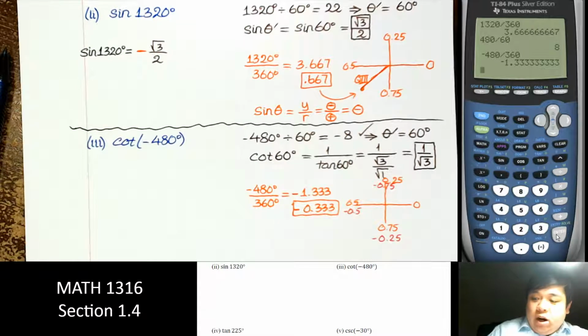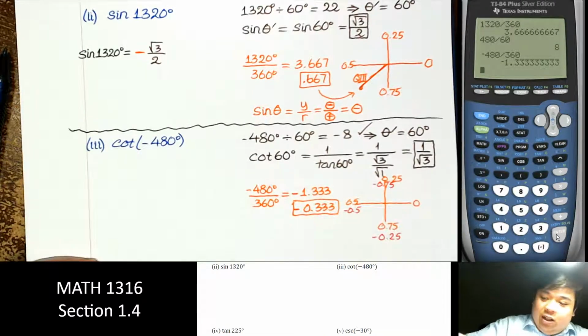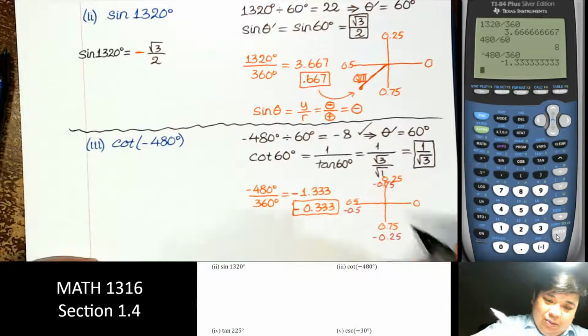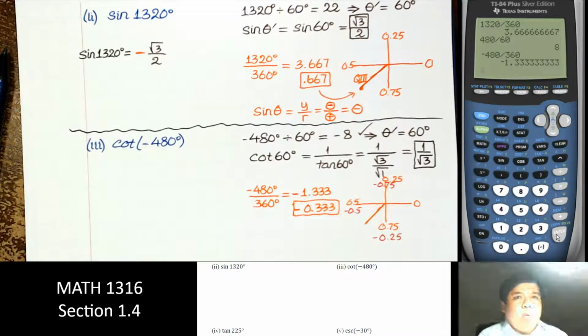So actually on this one, the angle is going to be between negative 0.25 and negative 0.5. So that is in quadrant 3.